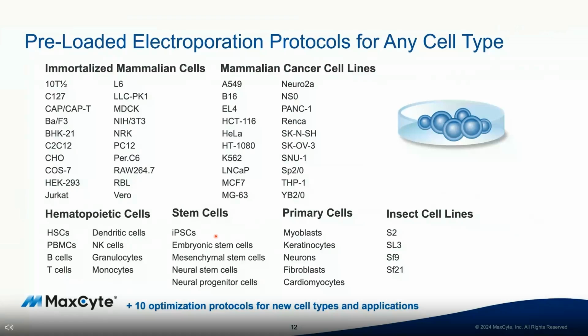We also have protocols optimized for human induced pluripotent stem cells and difficult-to-transfect keratinocytes. For protein production customers using insect cell lines, we have protocols optimized for insect cell transfection. And if your cell type is not on this list, we have 10 general optimization protocols from low to high energy, which can be used for new cell types and applications.